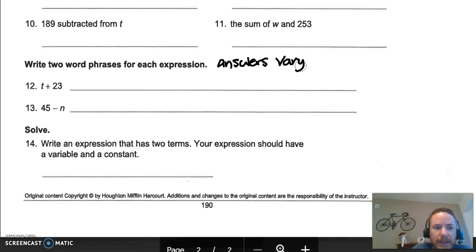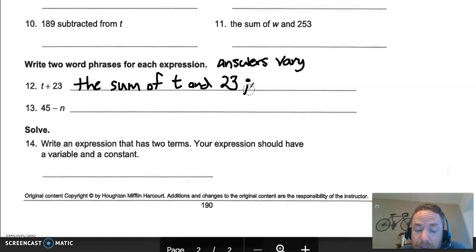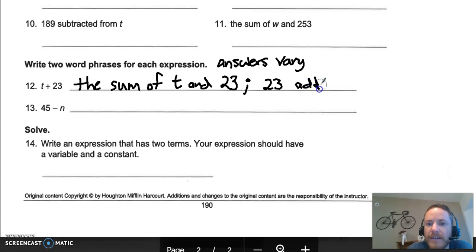I prefer things like the sum of T and 23. I'm going to do another one because it asked me to. It says write 2 word phrases. We could write 23 added to T.